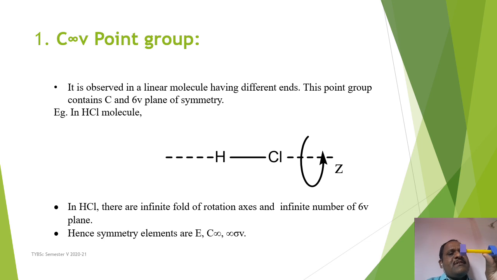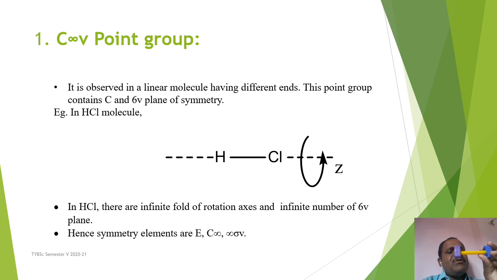So let's say this axis is along the z axis. In the HCl molecule there will be an infinite fold rotational axis and an infinite number of sigma v planes. Therefore this molecule has three different symmetry elements. One is identity. Identity is what?